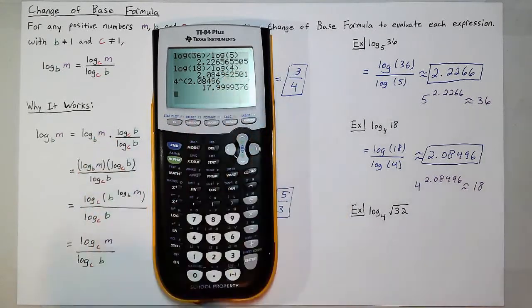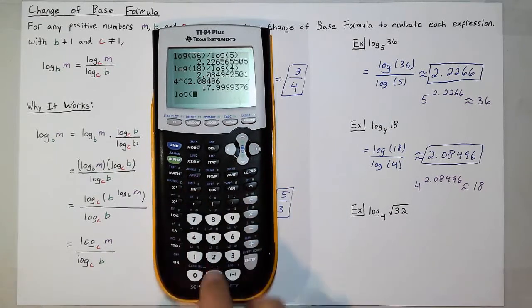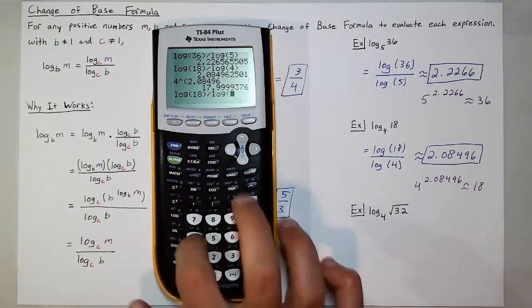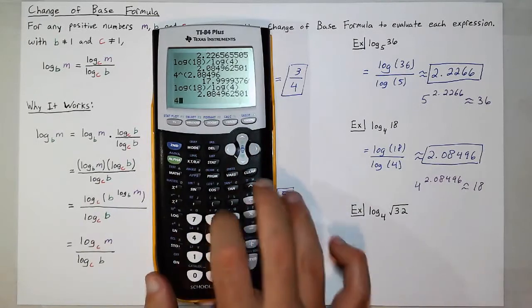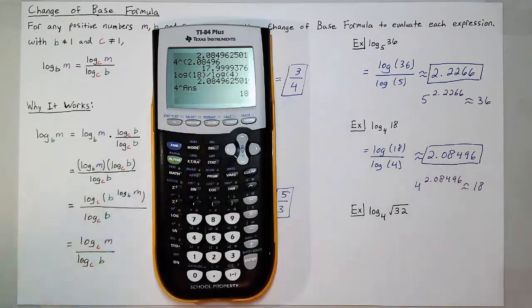And the more decimal places I use from that decimal from before, the closer I'll get. But just to show you that it does work, if I did log of 18 divided by log of 4, if I don't round that number into 4 to that answer given before, it gives me exactly 18.